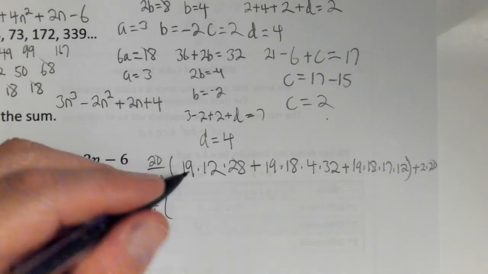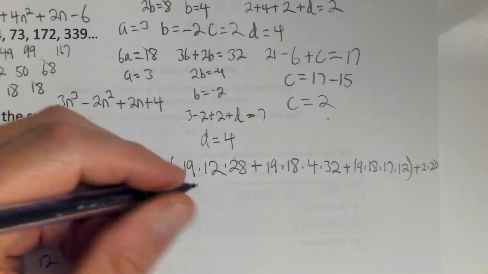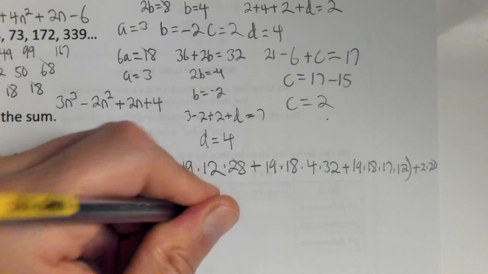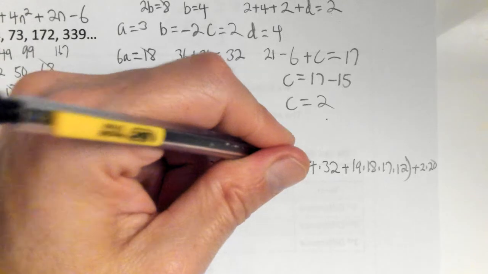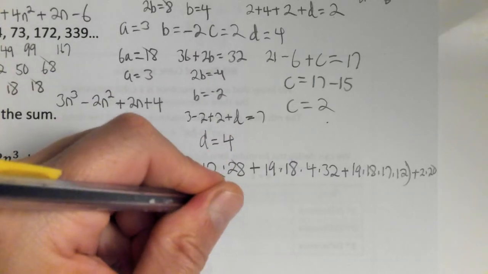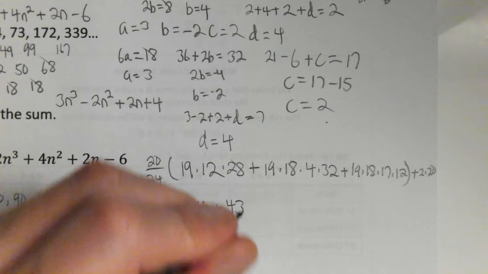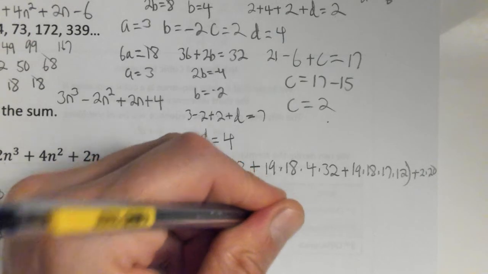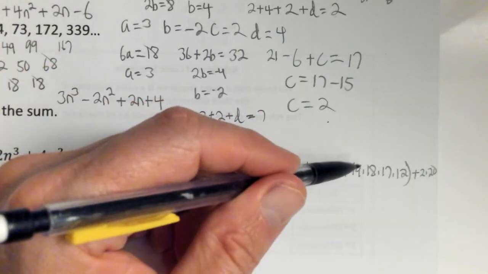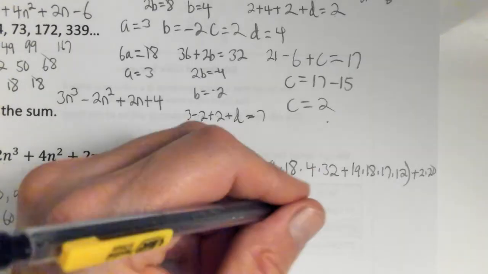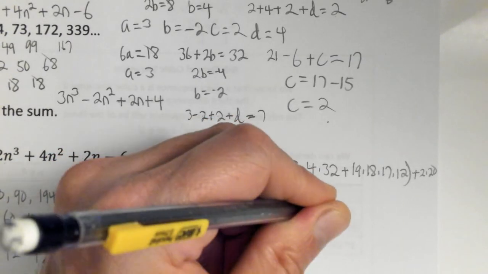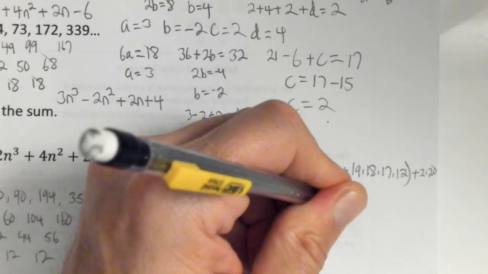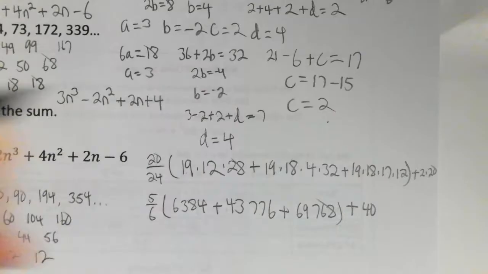And so multiplying 19 times 12 times 28, that's actually going to be 6384, plus 19 times 18 times 4 times 32, we have that as 43,776. Plus we also have 19 times 18 times 17 times 12, which is 69,768. And then that's going to be plus 2 times 20, which is 40.